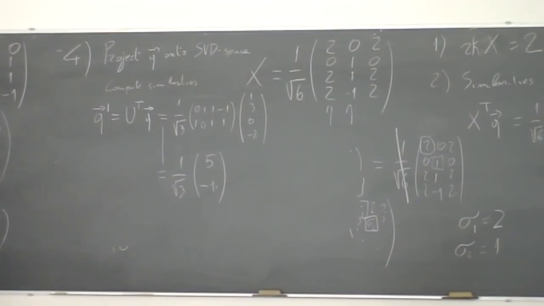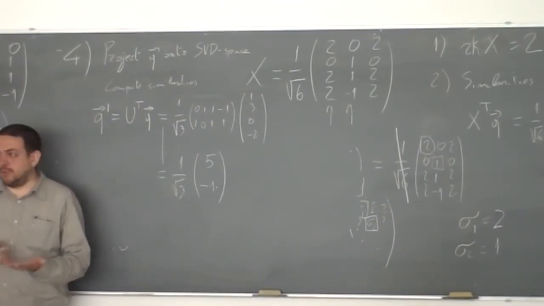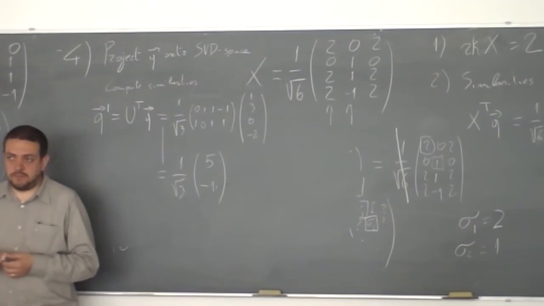So actually, all the information from the query we need to compute similarities is this 2-dimensional information. We moved to a lower dimensional space.